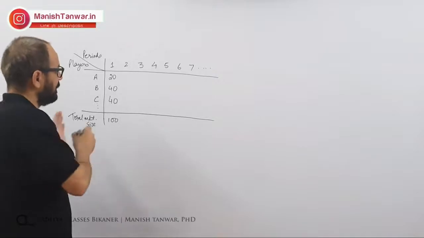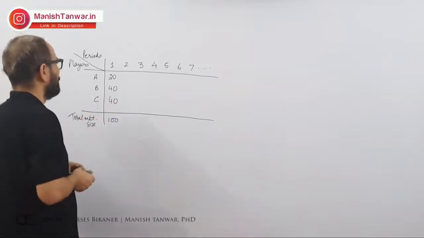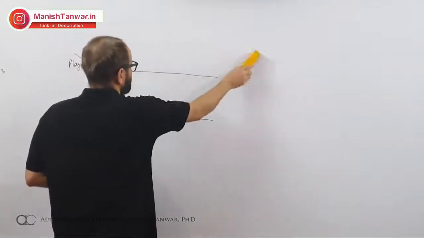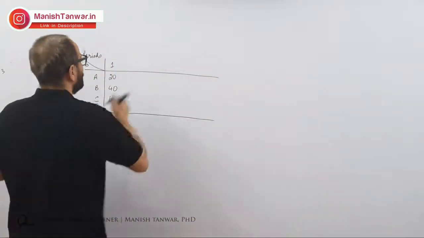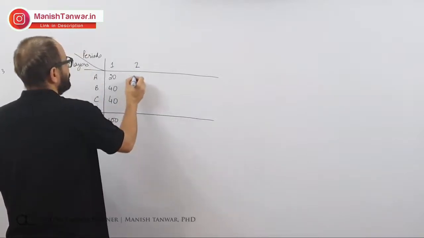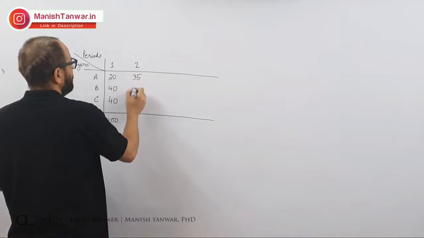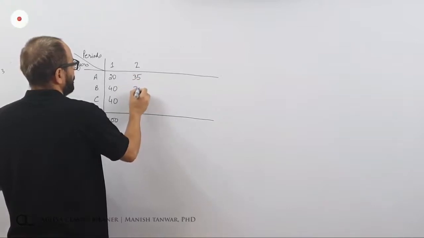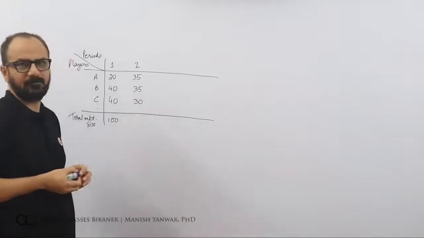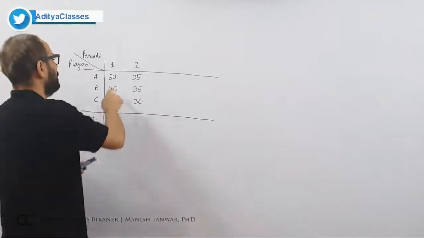Now, suppose as time advances, we move to period 2, and the shares change to, let us say, 35, 35 and 30. Now, what has happened?